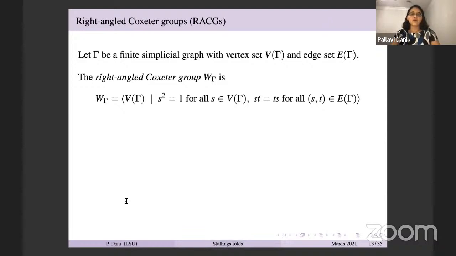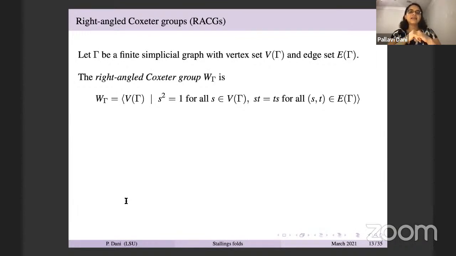The easiest way to define a right-angled Coxeter group is as a group defined by a graph. So let gamma be a finite simplicial graph, by which I mean this time I don't allow loops and multiple edges. It has vertex set V gamma and edge set E gamma. Then you can define a group based on that graph, the right-angled Coxeter group W gamma.